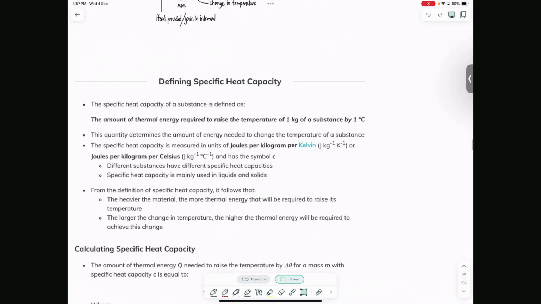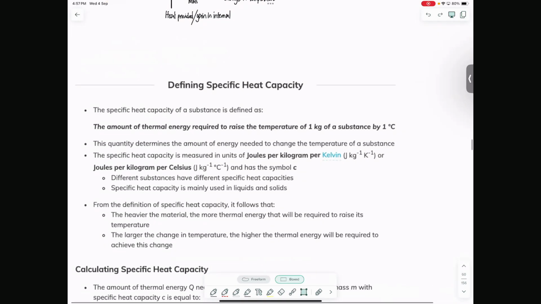Right. So one more time, let's go through all of this. Specific heat capacity is defined as the amount of thermal energy required to raise the temperature. Thermal energy, you can also say internal energy, because the thermal energy becomes internal energy, right? The quantity determines the amount of energy needed to change the temperature of a substance. Its unit is joule per kg per Kelvin, and degree Celsius.